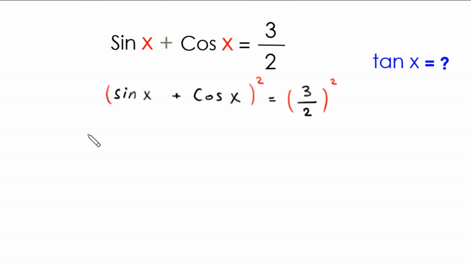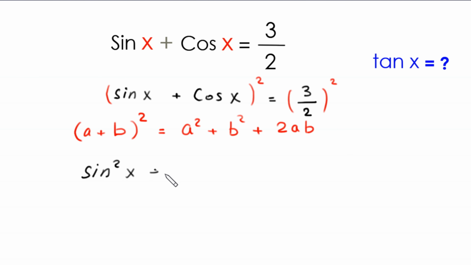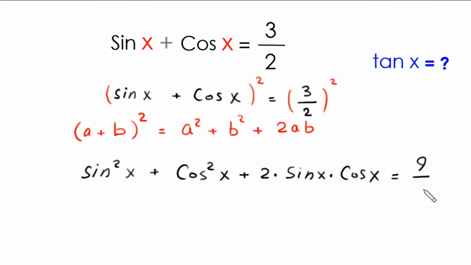By using this algebraic identity, (a plus b) whole squared equals a squared plus b squared plus 2ab, the left hand side will become sin squared of x plus cos squared of x plus 2 times sin of x times cos of x, equal to (3 over 2) whole squared, which will become 9 over 4.